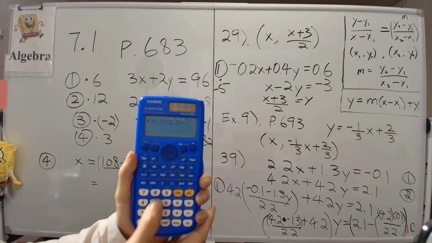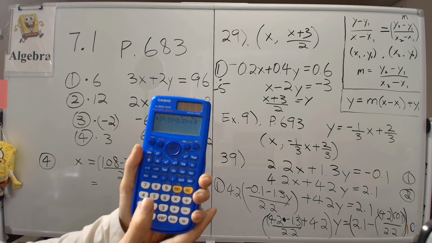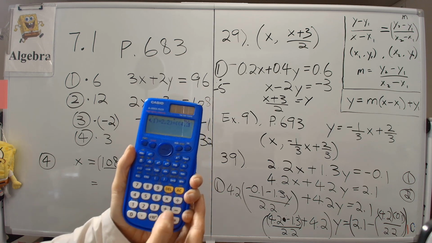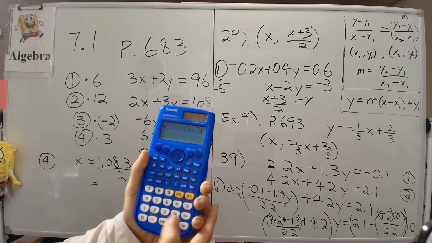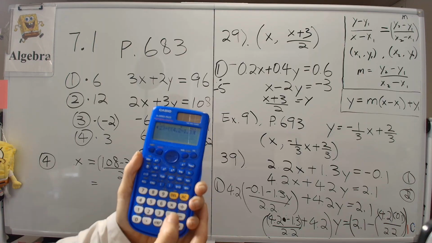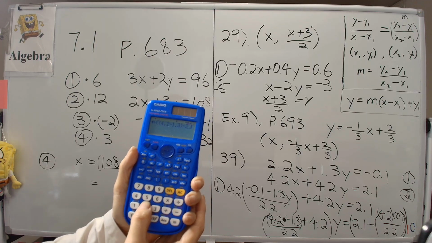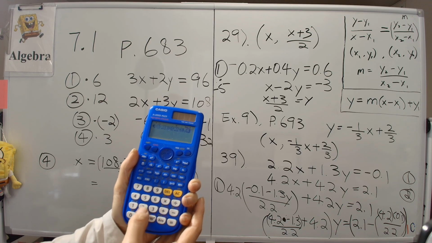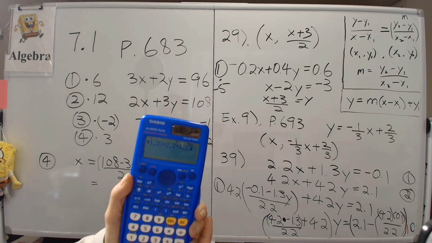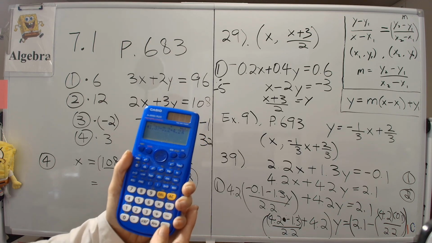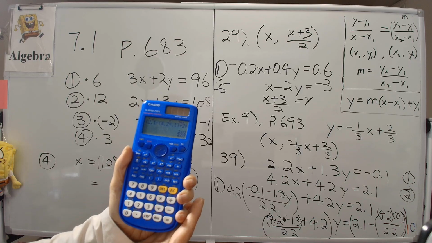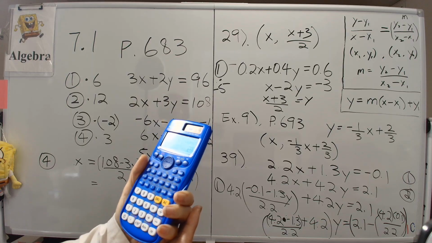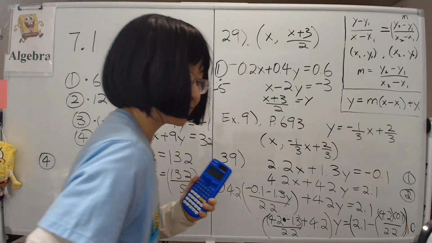Then we have 4.2 times negative 1.3, divided by 2.2, then plus 4.2, then close parentheses. That looks okay. So let's push equal and see if it gives us anything. So that is the value of, what is this? This is y. Let's see what the answer says.